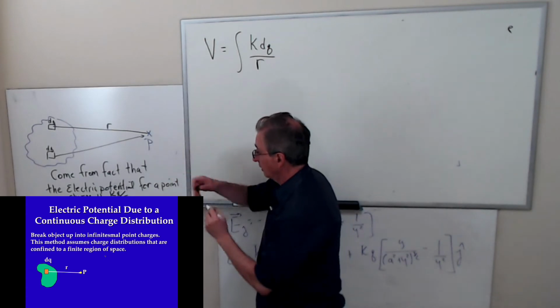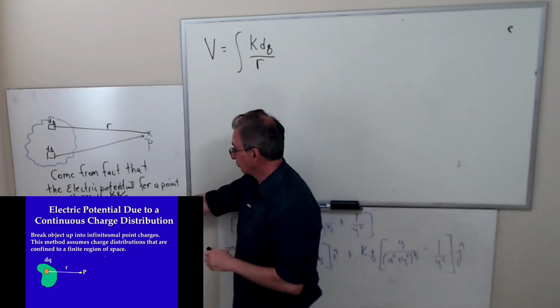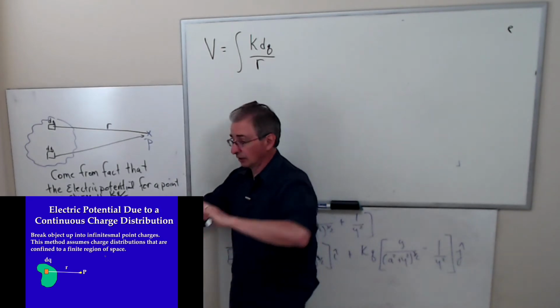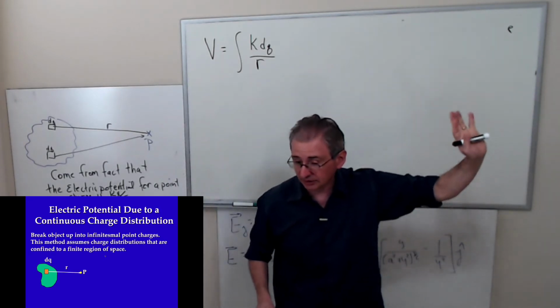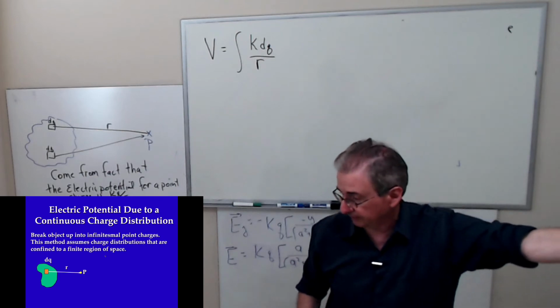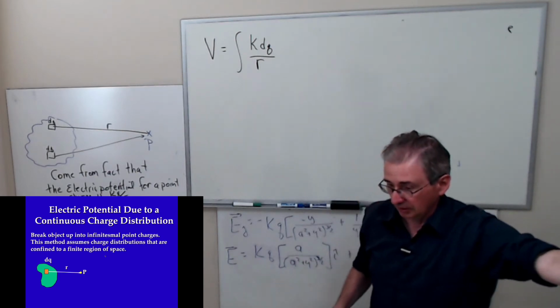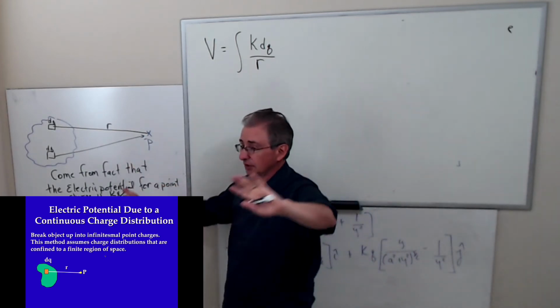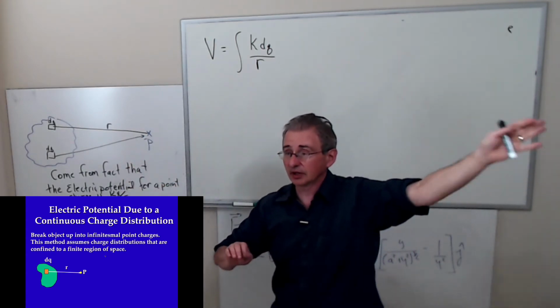This comes from the fact that the electric potential due to a point charge is kq over r. So what this means is that we're assuming already that the electric potential is 0 at infinity. Okay? When using this methodology, we're assuming that the electric potential is 0 at infinity.